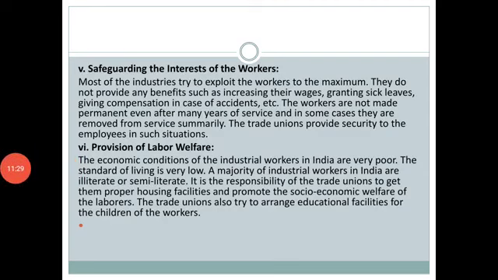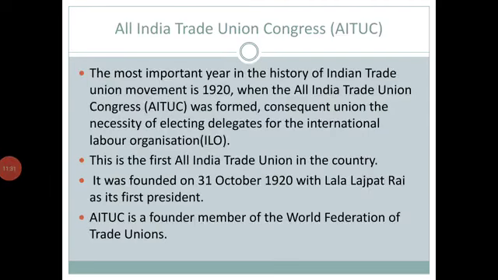Getting it? So let's see the different trade unions which are prevailing in our country, which play a very important role, or which have done something which is different or mark their distinct presence.